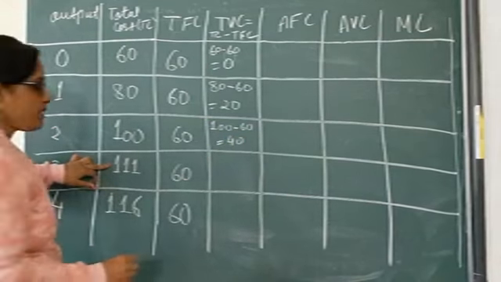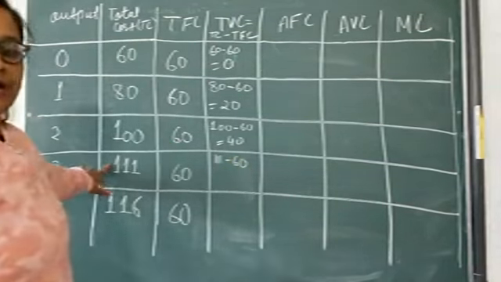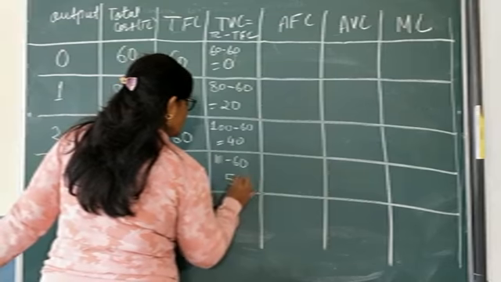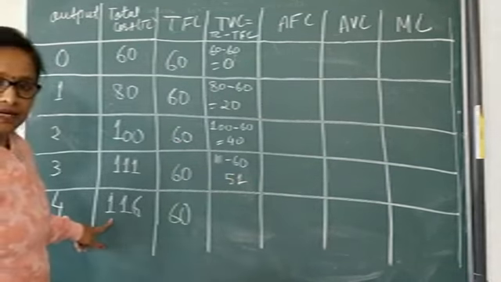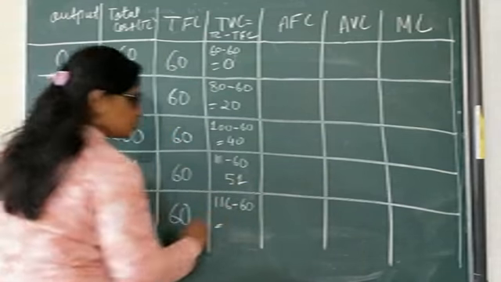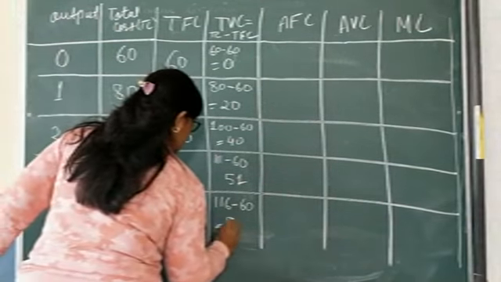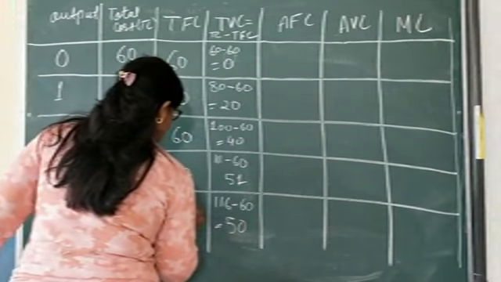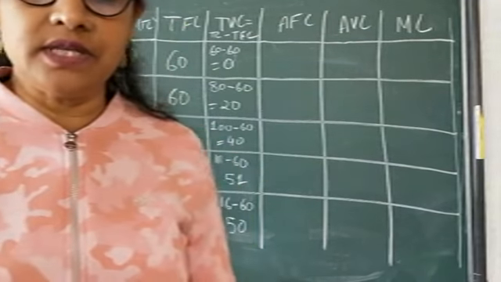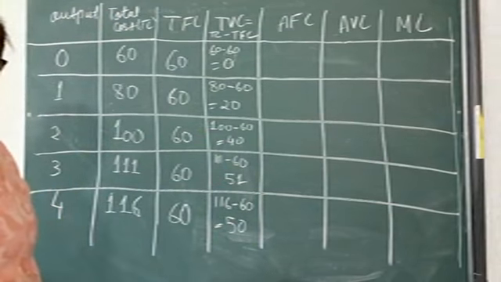Then 111 minus 60 is equal to 51. Then 116 minus 60 is equal to 56. This is how we calculate TVC. I hope you have understood.